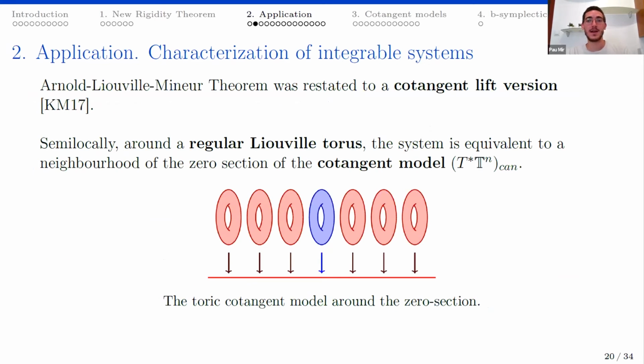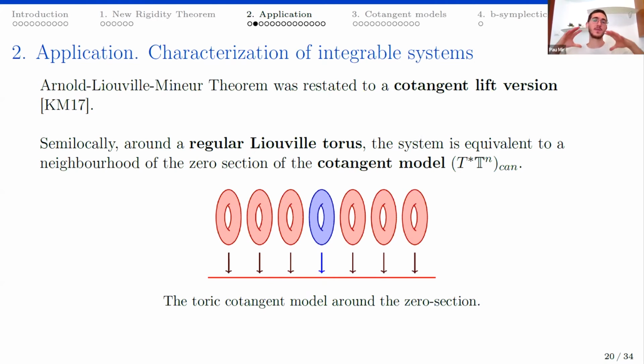We know that apart from the classical Liouville-Mineur theorem, we have a restated version due to Kiesenhofer and Eva Miranda, which says that semi-locally around a regular Liouville torus, the whole integrable system is equivalent to a neighborhood of the zero section of the cotangent model of the torus T^n.